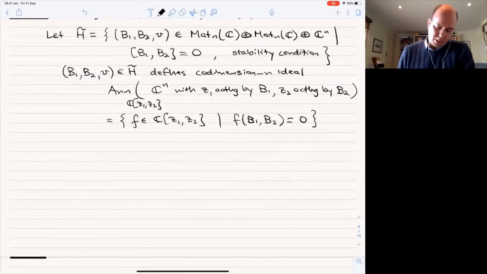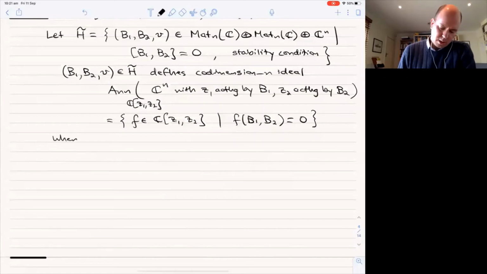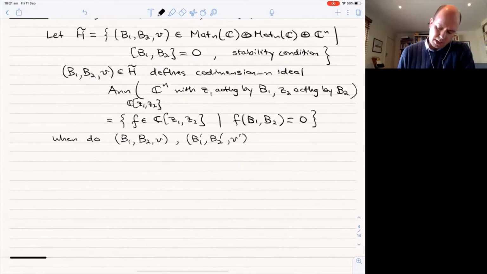Okay, now the other question is, when do two elements of H tilde define isomorphic cyclic C[Z1, Z2] modules.